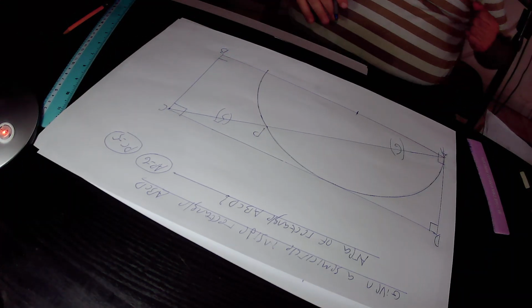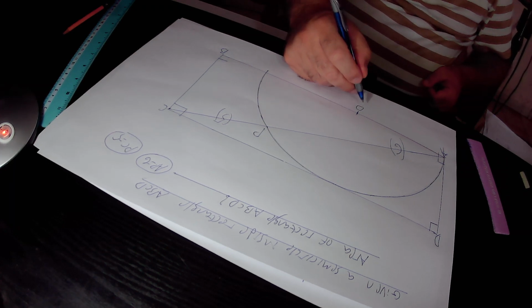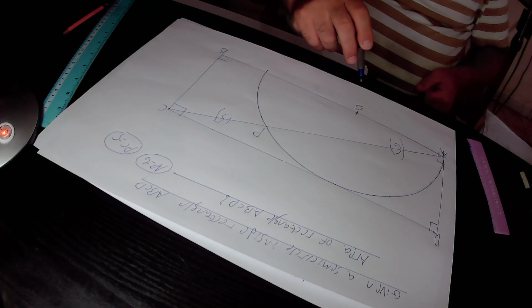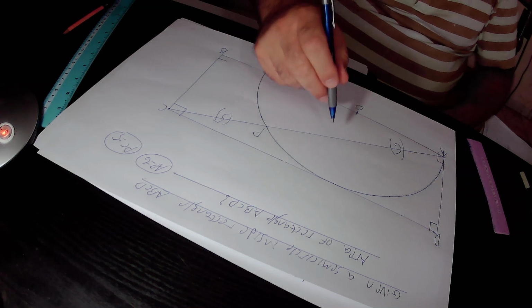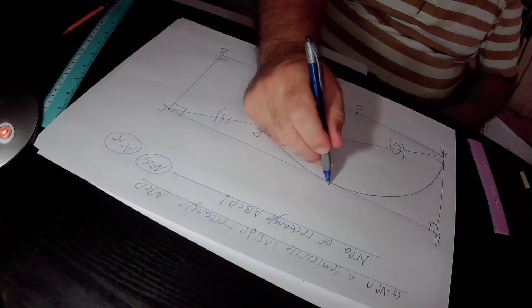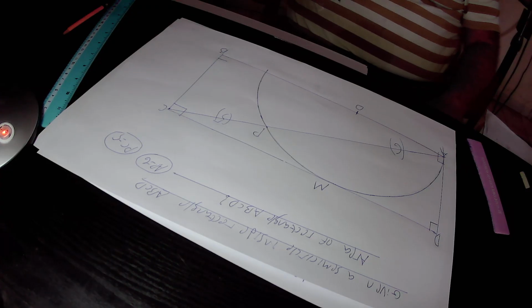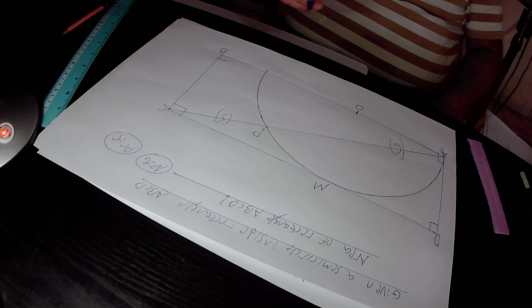In the next step, we define the center of this semicircle. This point is point O. We define the point of tangency of tangent DC with this semicircle. This point is point M. And we define the touching point of this semicircle with this side AB of this rectangle ABCD.